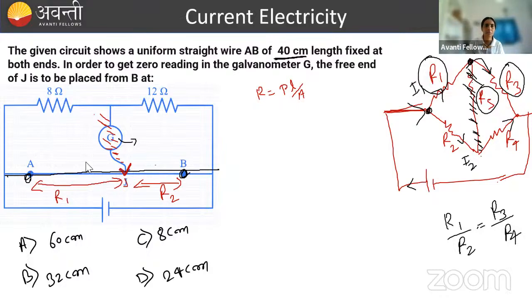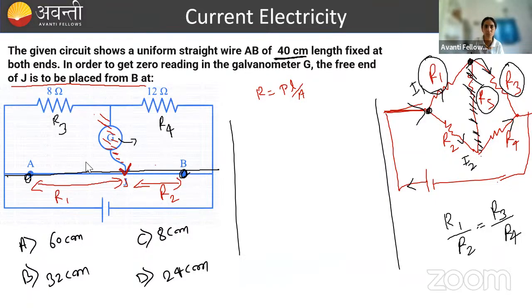The free end of J is to be placed from B. So there is a plain formula for this actually. I explained this one so that I can make you understand. So what will be the formula? If this resistance is R3, suppose, and this is R4, then R3 by R1 will be equal to R4 by R2. Agree? So suppose this is at length L from the B.